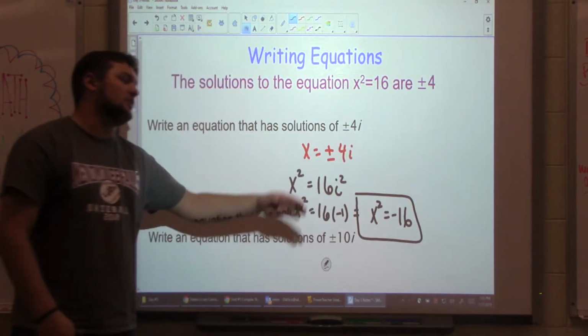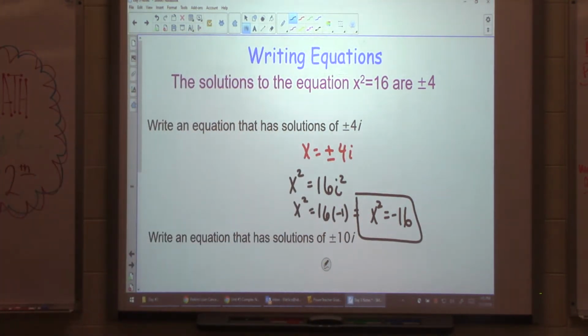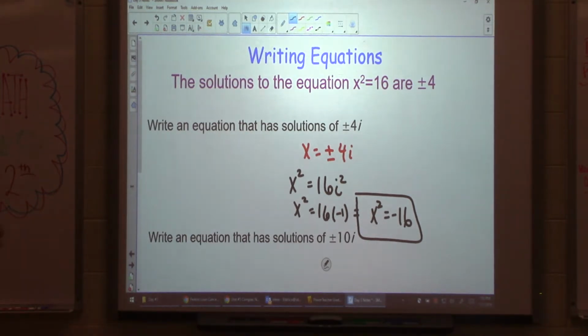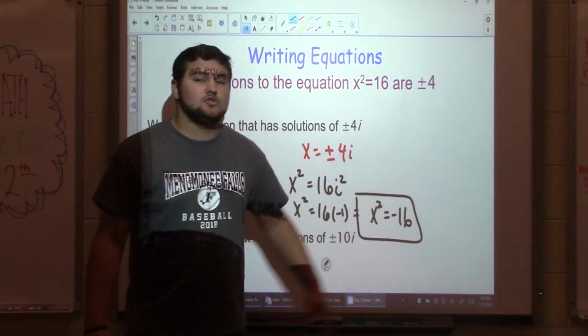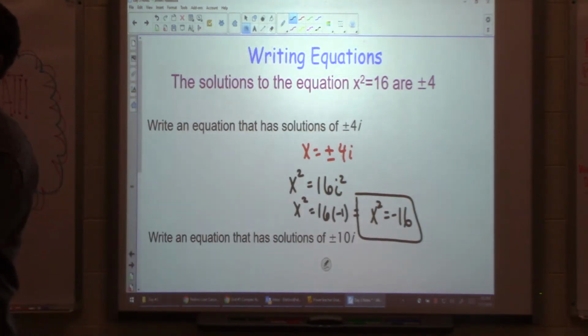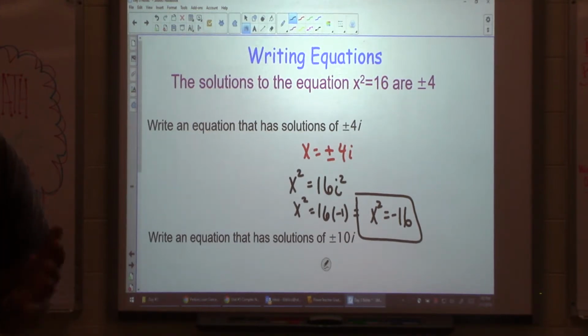Now, is that the only equation that would have solutions of positive negative 4i? No. Absolutely not. Now, do you need to go any farther than that when making an equation? No. Keep it simple. You can stop here. You could change that equation by adding or subtracting or multiplying or dividing both sides by certain things. But we don't need to do that.